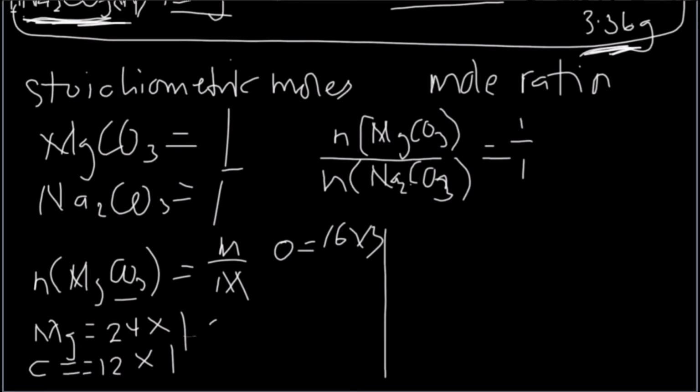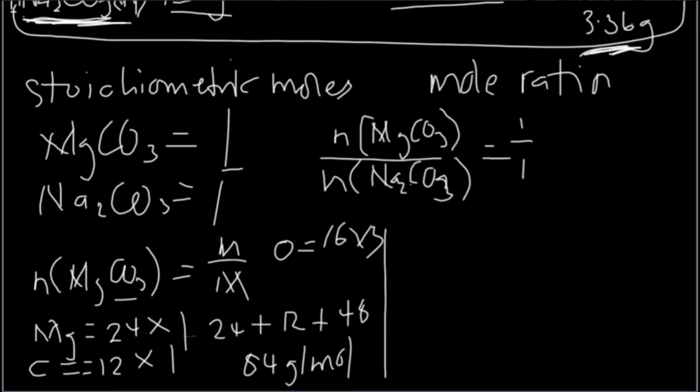So it will be 24 plus 12 plus 48, which will give us 84 grams per mole.